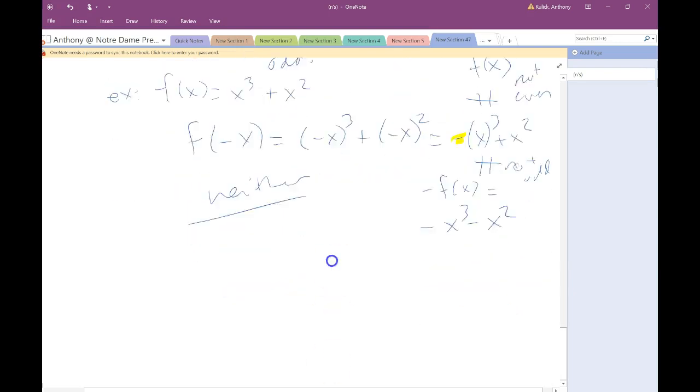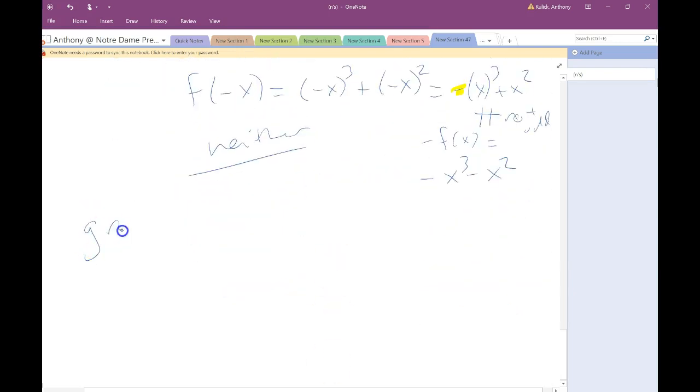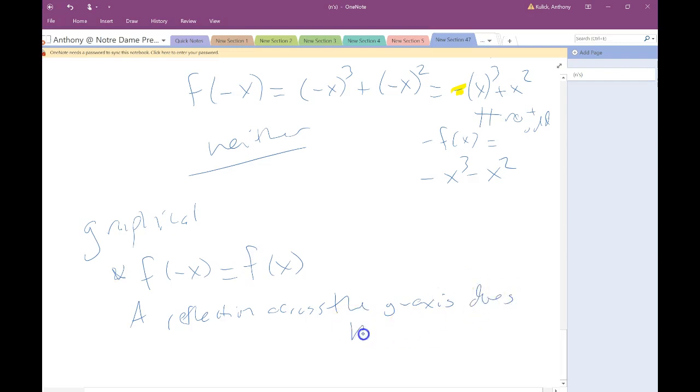The other option for looking at this, Claudia, is you can look at this graphically. So when I talk about a function being even, what this essentially is saying graphically is a reflection across the y-axis does nothing.